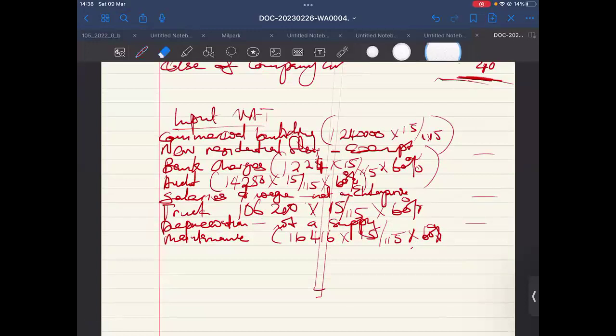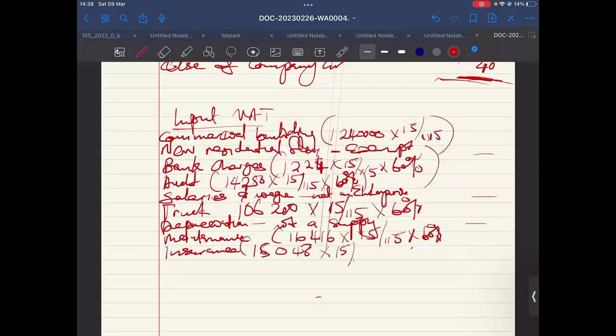Insurance, how much? 15,048 rand. 15,048 times 15 over 115, times 60%.